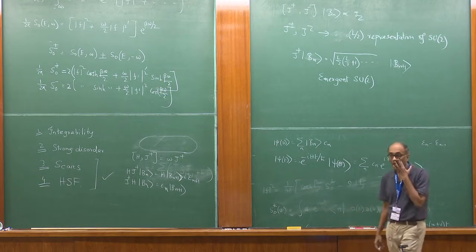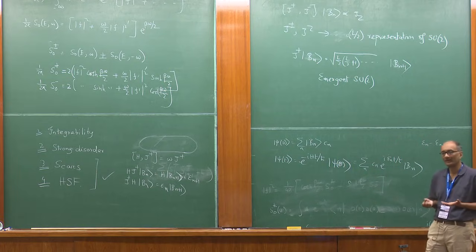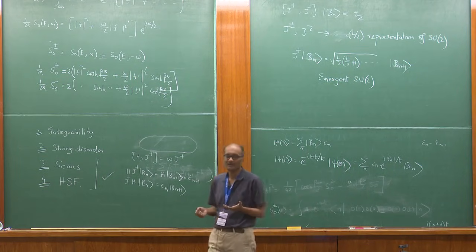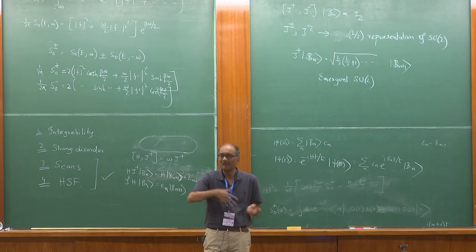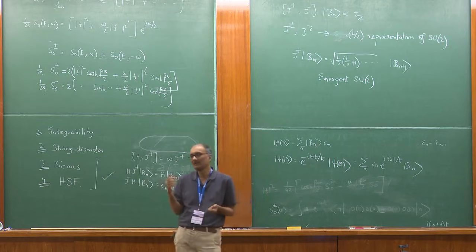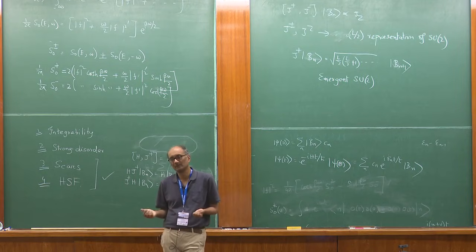However, think of what ETH would predict. ETH would predict that if you start from such a state and evolve it, it's going to rapidly scramble and be there in all of the Hilbert space. So its overlap with the initial state has to go to 0, or at least 1 by the Hilbert space dimension.